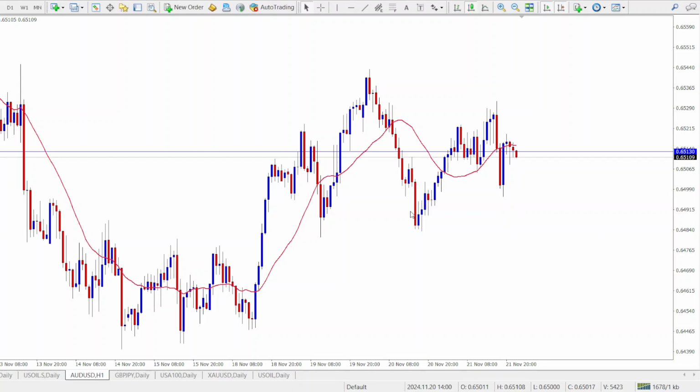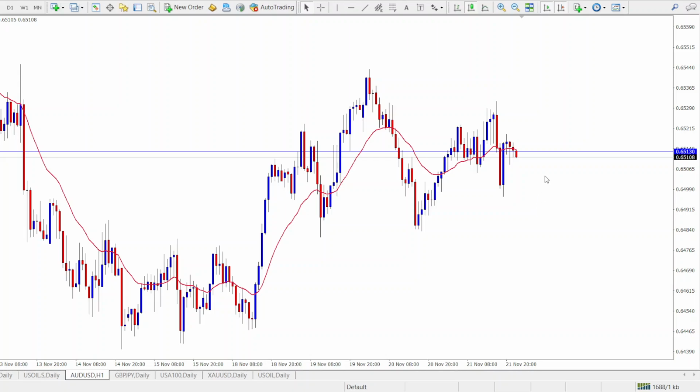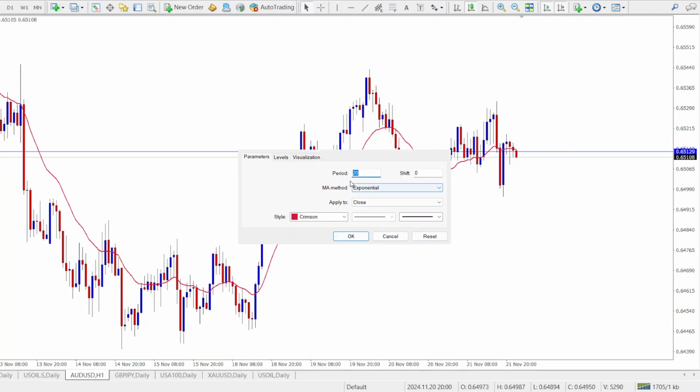Okay. On the other hand, the exponential moving average, I'm just going to change this to exponential. You can see the difference. The exponential moving average, or the EMA, places more emphasis on recent price data, making it more sensitive to price changes. Now, this can be very helpful in faster moving markets or when you want to catch trends early. For example, with a shorter period of the EMA, if you want to reduce the period, you can just edit this and put the period that you want.